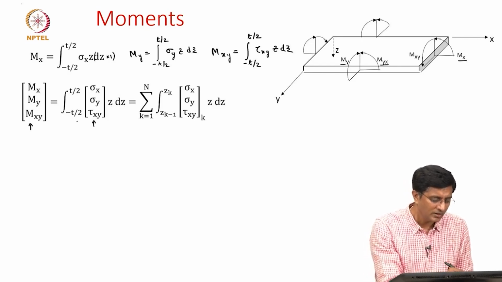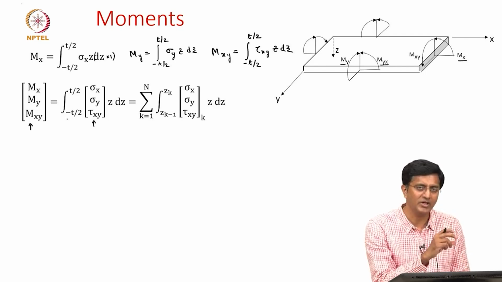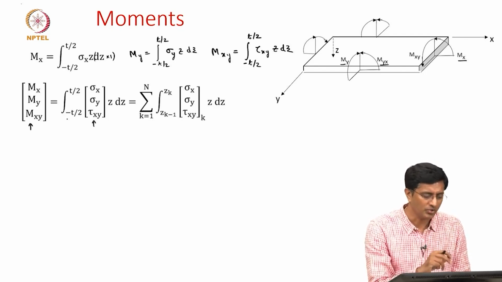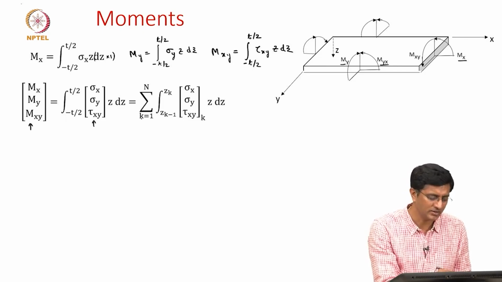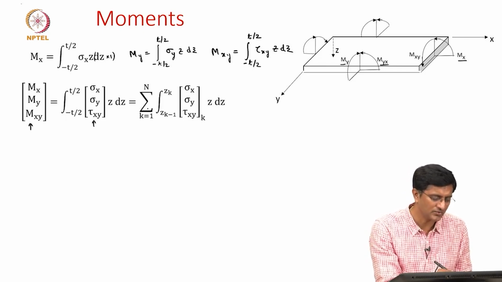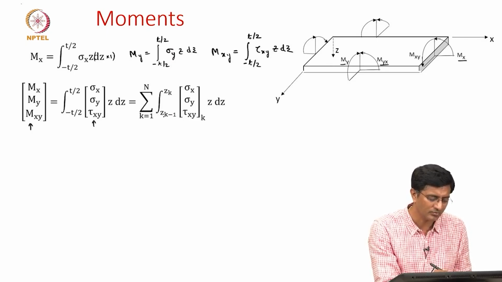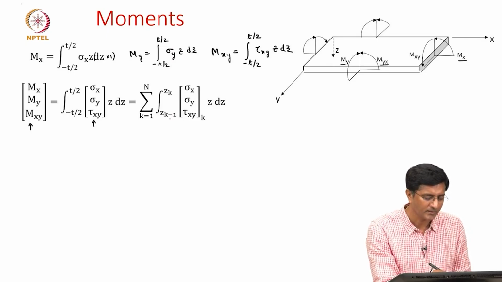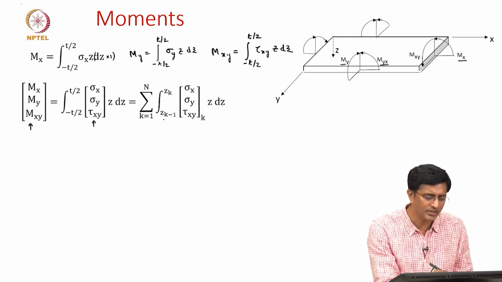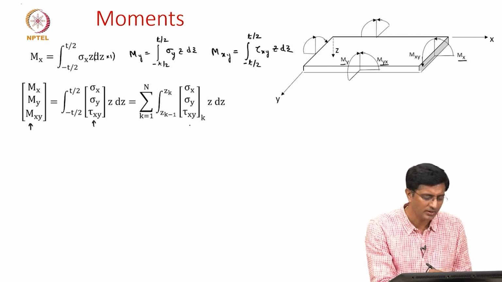And since the first integral is written in terms of the laminate going from top to the bottom, now we are writing it in terms of each layer. That's why we got the summation from k equals 1 to n, and each layer going from k minus 1 to k, and for each layer we write the integral from z k minus 1 to z k in terms of the stresses and z dz.